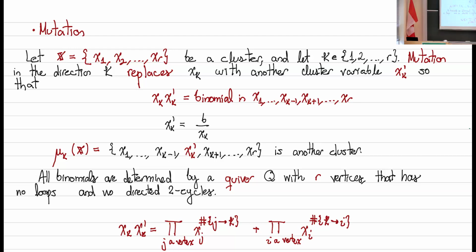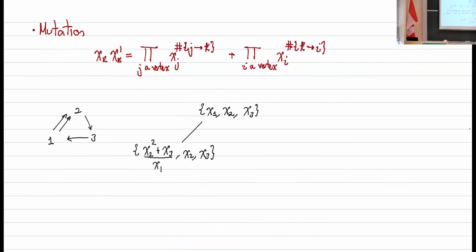So for example, if I take this quiver, double arrows are fine. The only thing I don't want is loops and directed 2-cycles. I can have directed cycles of length bigger than 2. That's fine. So if I start with x1, x2, x3, and I mutate at x1, I look at which arrows go out of 1.